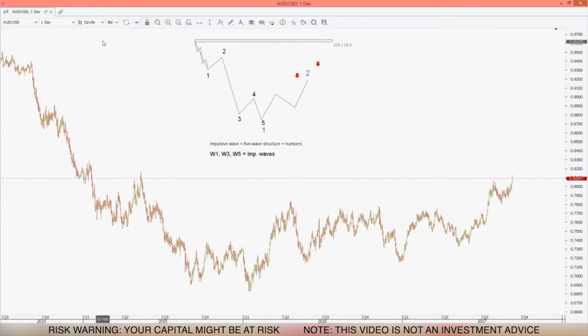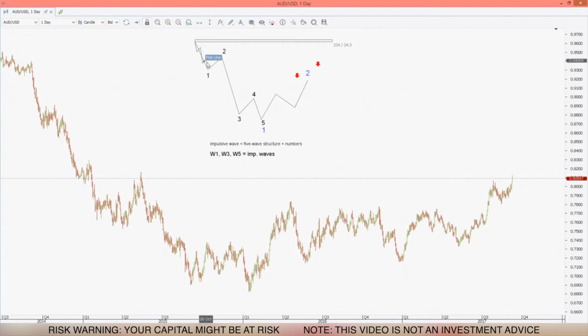Now this is the daily chart on the Australian dollar, US dollar, but I use this daily chart only to have a bit of room to explain the concepts of Elliott waves. By the way, the same principle that we use for this second wave of a bigger degree, we can use for this second wave of a lower degree.